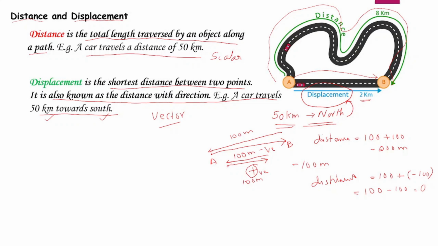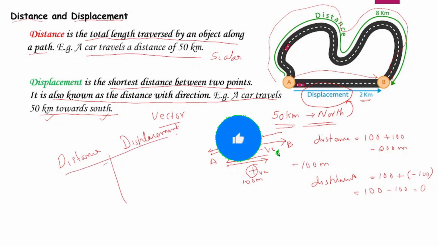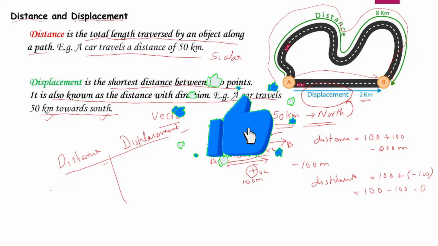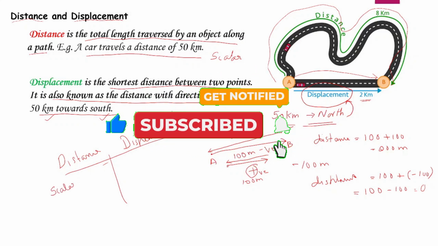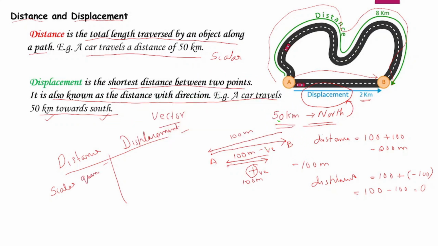Okay, so can you differentiate between distance and displacement? Yes, we can. First distance, then displacement. We will start with the type of physical quantity. Distance has only magnitude, so distance is a scalar quantity. Displacement has both direction and magnitude, so displacement is a vector quantity.